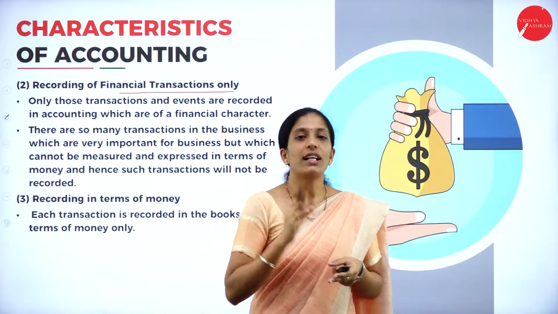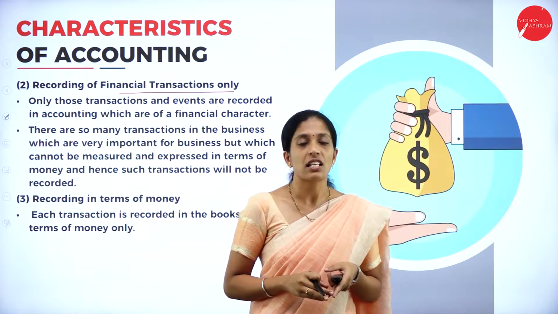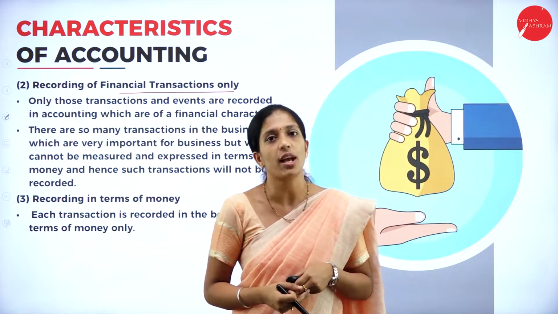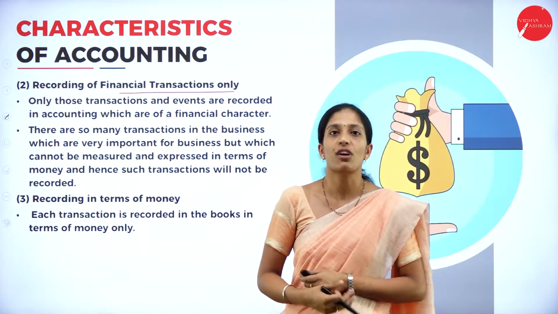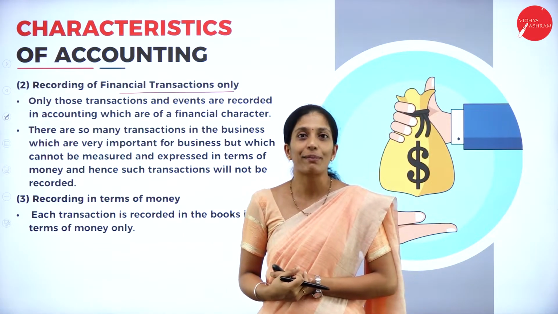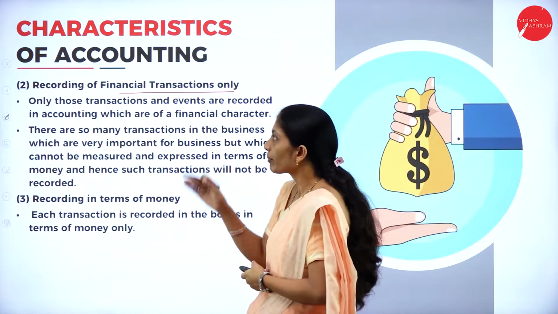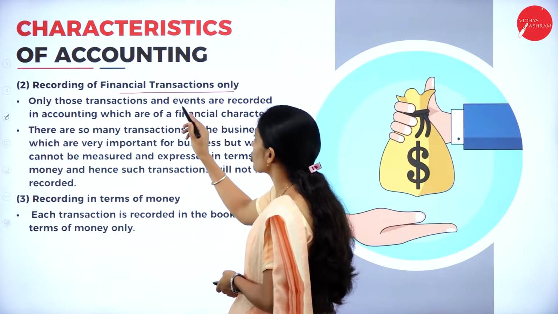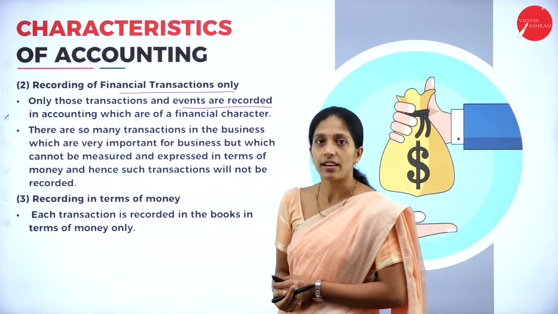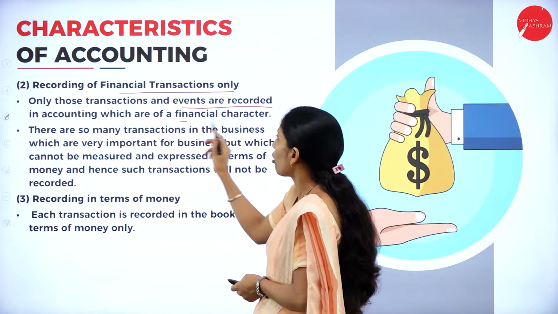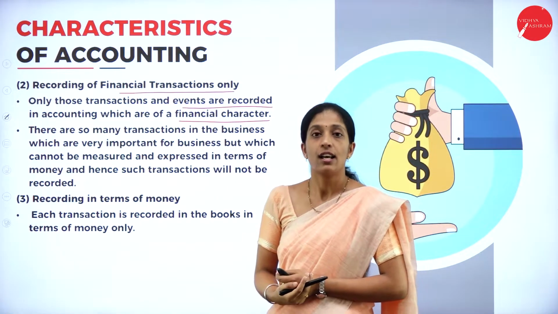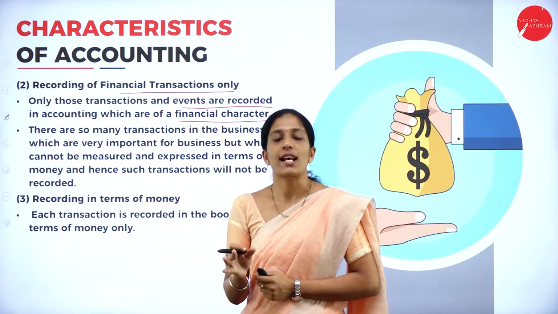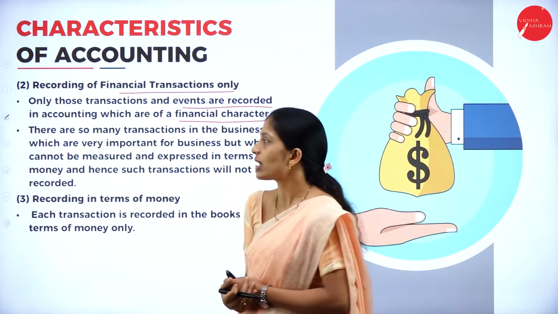But even though it affects the profitability, we cannot record such a transaction in the books of account because it cannot be measured in terms of money. Only those transactions and events which are of financial character are recorded in accounting.